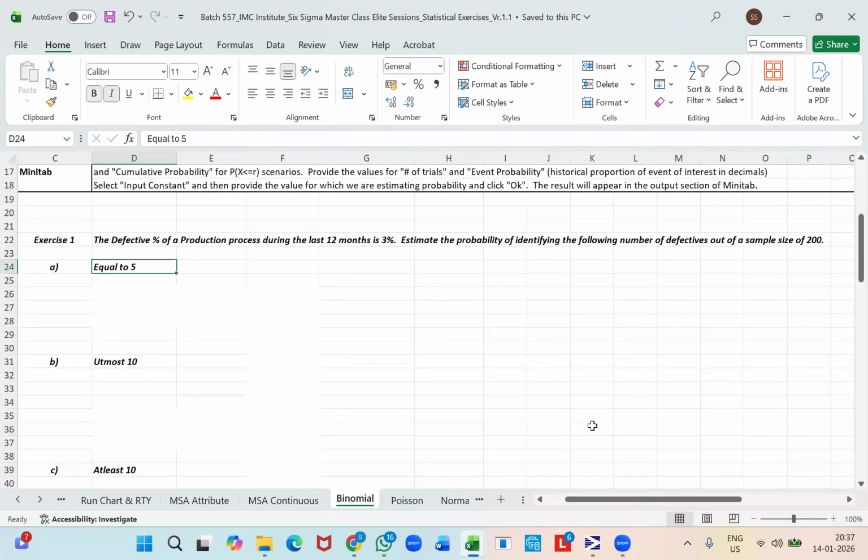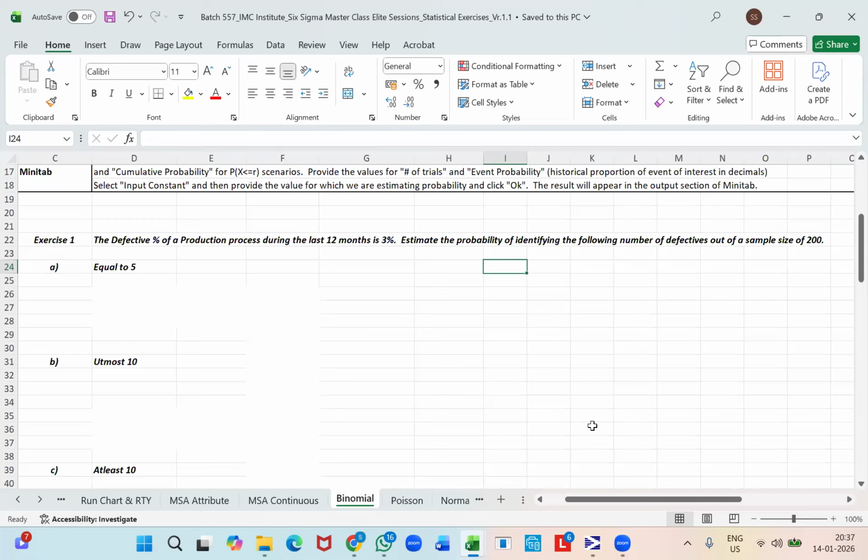We will look at what is at most and what is at least. But before that, how do we know that this is a binomial distribution exercise? That is the first question, right? Since this particular exercise appears under the binomial distribution header, we know that it has to be dealt with by applying the binomial distribution logic. But if this had been an independent case scenario, how would you identify that this is a binomial distribution exercise?